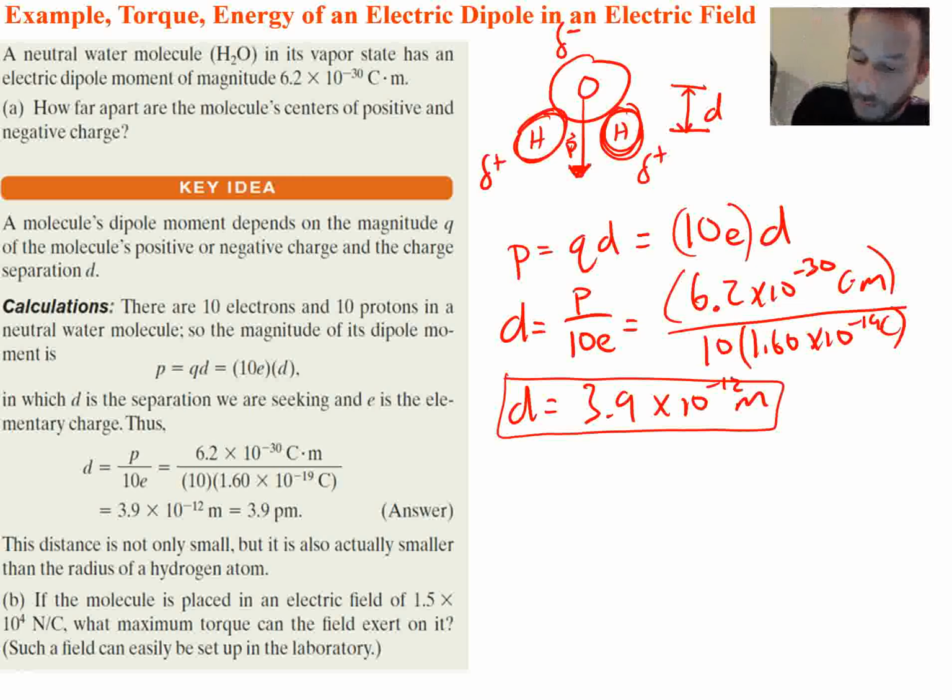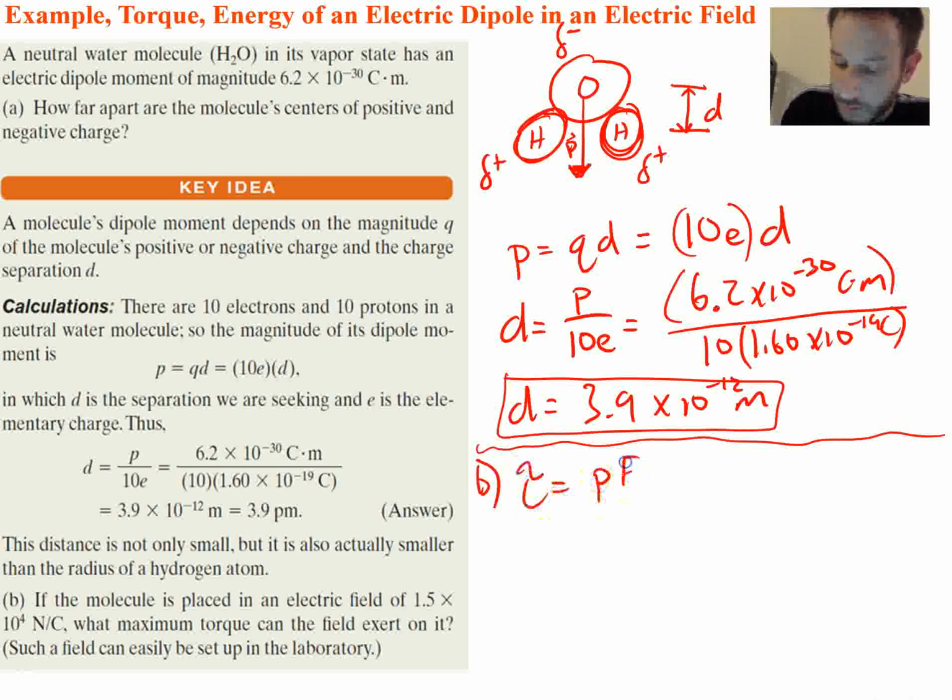So our torque, this is part B, our torque is equal to the equation that we had earlier, which is PE cosine of theta, excuse me, sine. We can just go ahead and plug things in.